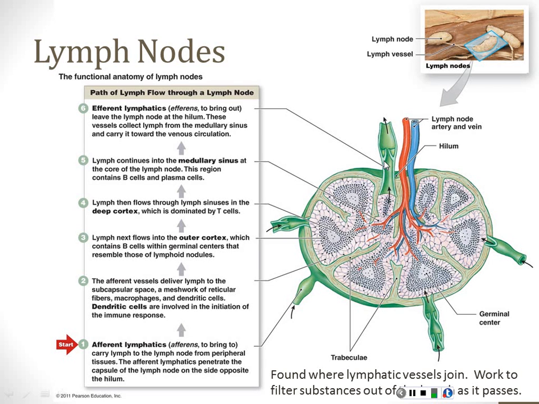Now, is it perfect? Not usually. There's so much junk in the lymph that it really takes multiple filters before that stuff is removed entirely. So for most of the lymph in the body, it passes through more than one lymph node before it reaches the cardiovascular system again. So there are multiple paths for cleaning and nabbing the infectious particles out of these things.